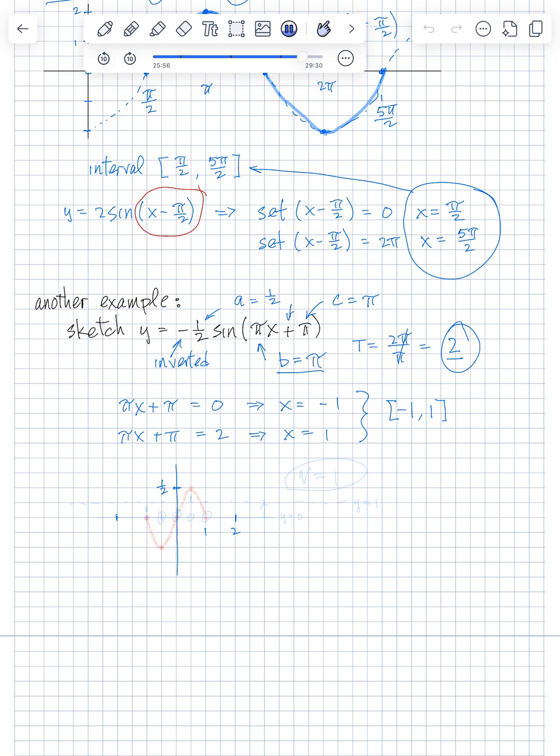So here's negative 1/2. So this is a sine curve. Normally it's going to start in the positive direction, but it's inverted, and it's going to start at negative 1. So our starting point is going to be right here, and it's going to go down to here, and then here, and here.